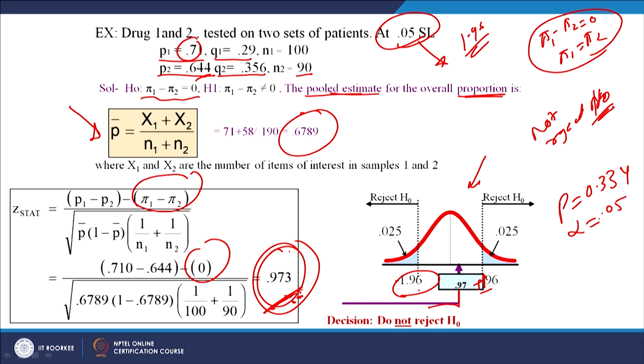Is P less than alpha? No, P is greater than alpha. So, we do not reject the null hypothesis. So, using the P value approach, we are getting the same answer which we were getting using the critical value approach.